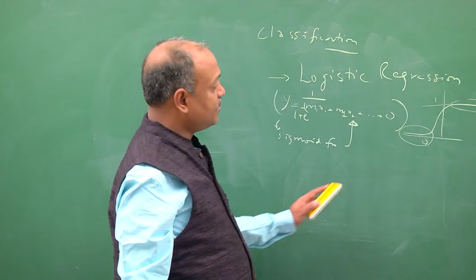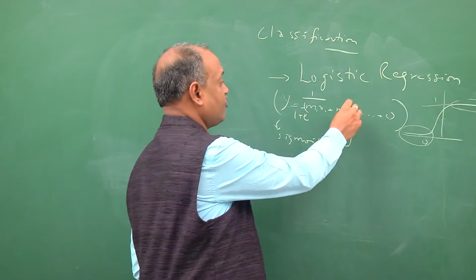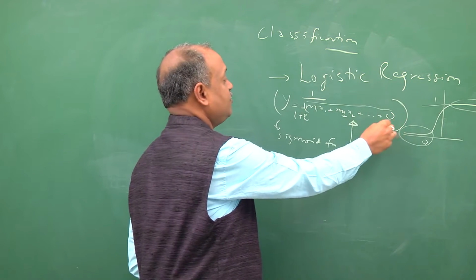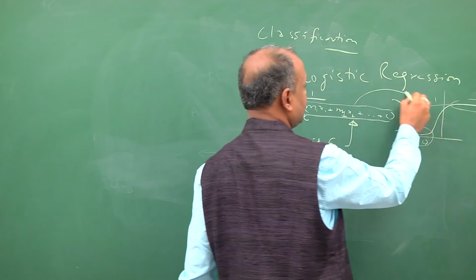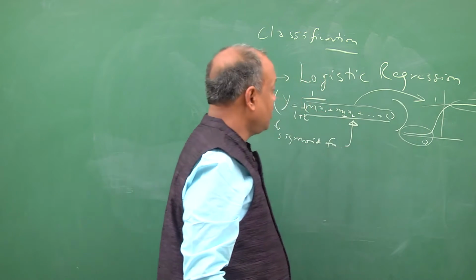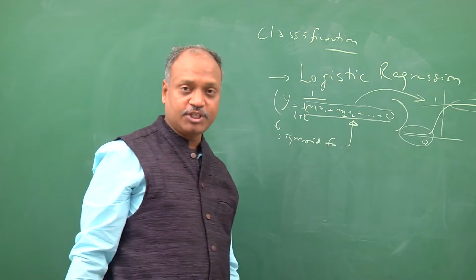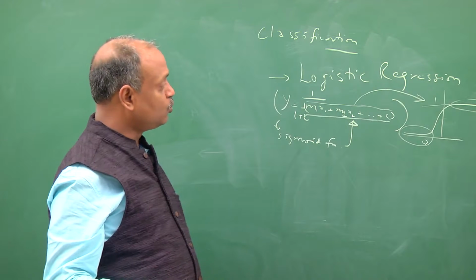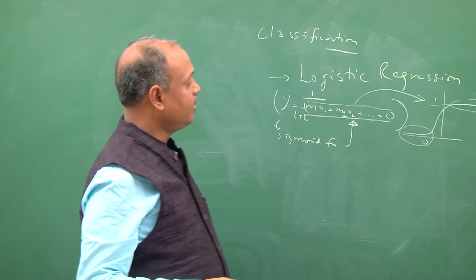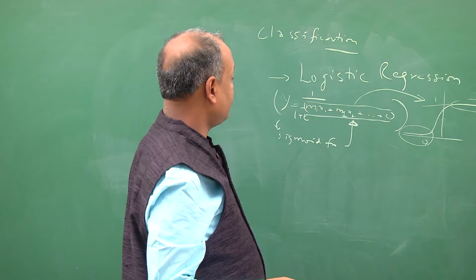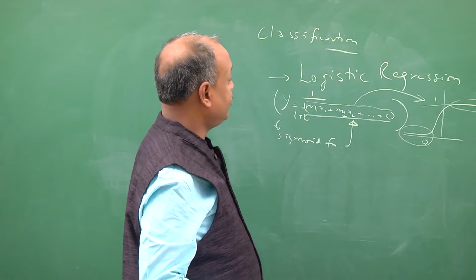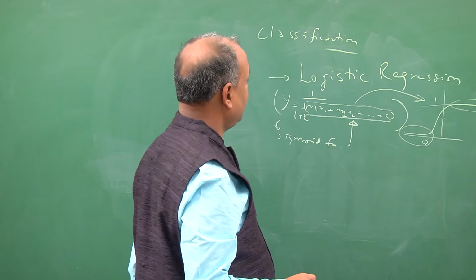This becomes a way of transforming a seemingly continuous equation into a discrete class choice. So logistic regression is one of the first classification techniques used in machine learning for classifying a set of input data into one of the classes.